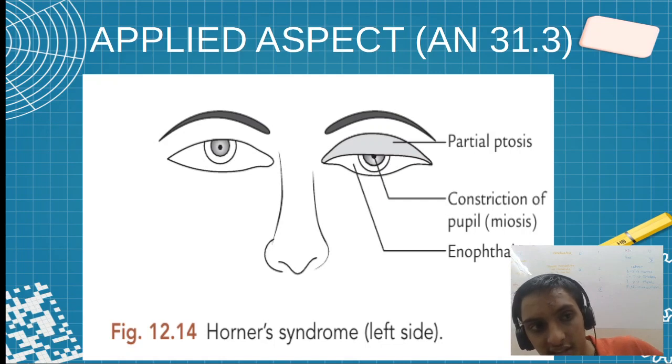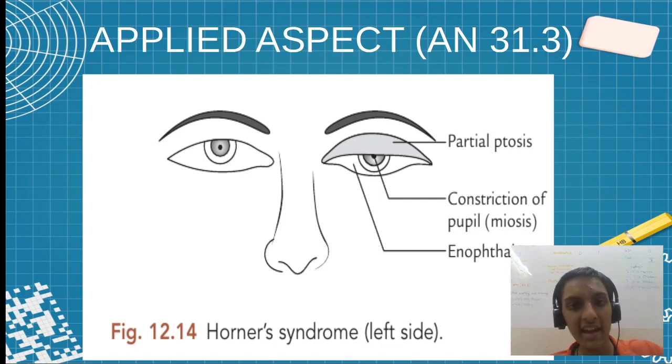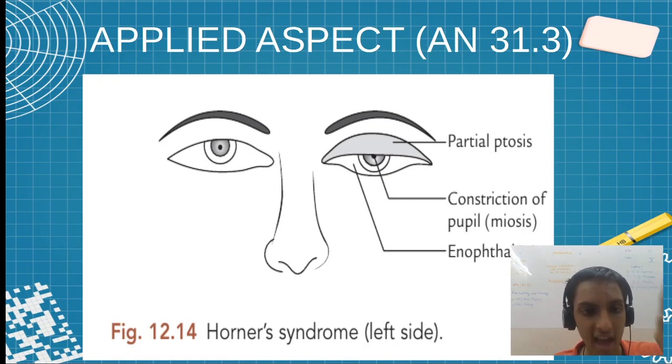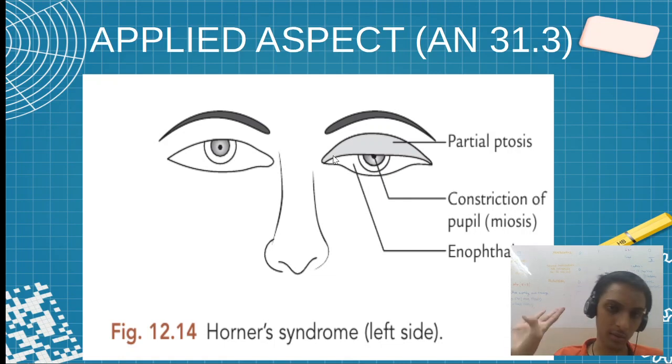Have we come across this feature somewhere? Again, I would like to know your answers in the comment section. Where else have you seen absence of the lacrimal fluid? Right. So once again, I'm repeating very important features: ptosis, anhidrosis, miosis, and enophthalmos. That's all.